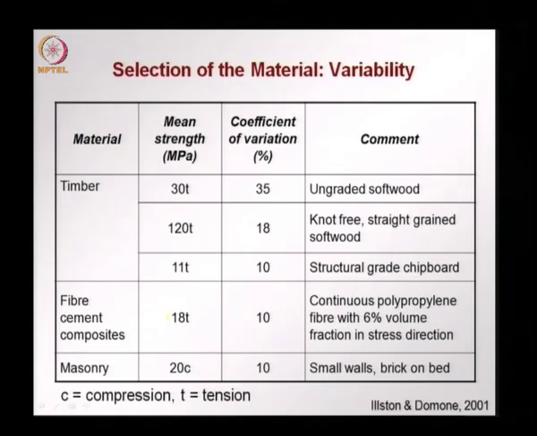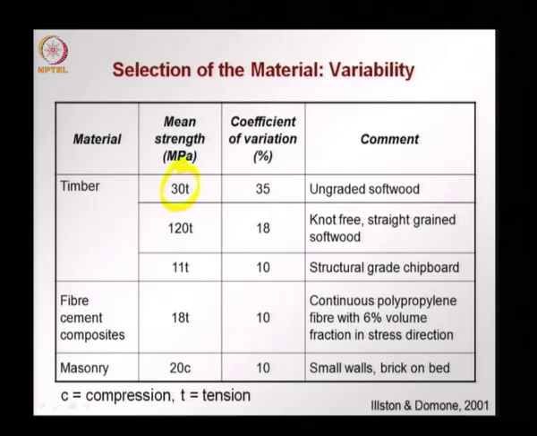Here we have the values for ungraded softwood with a mean strength of 30 MPa in tension with a coefficient of variation of 35%. Another material with fewer defects, knot free straight grained softwood with a high tensile strength of 120 megapascal, could have a lower coefficient of variation, 18%.